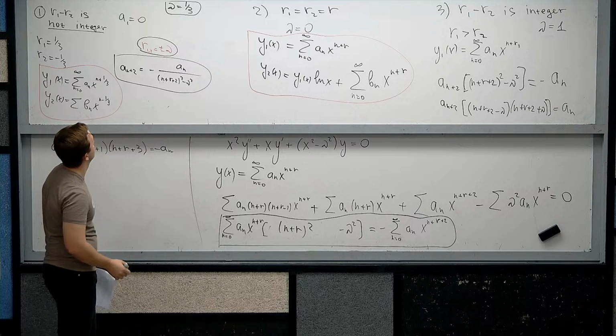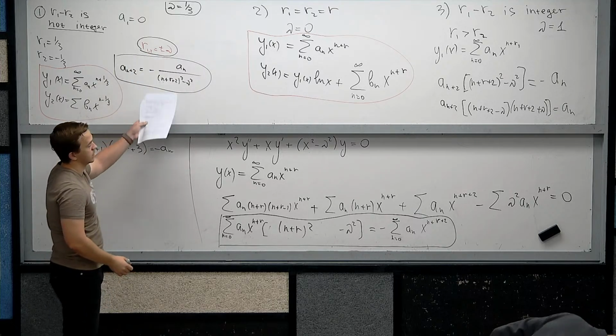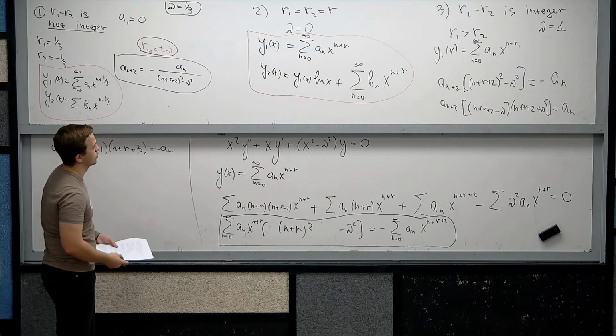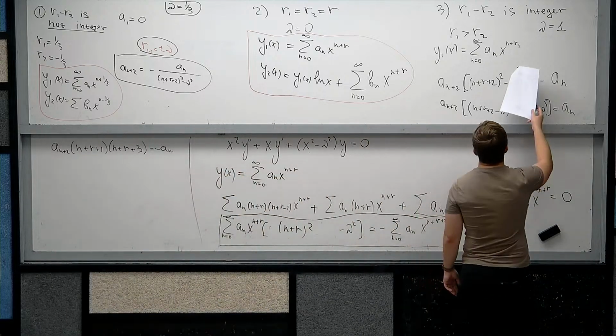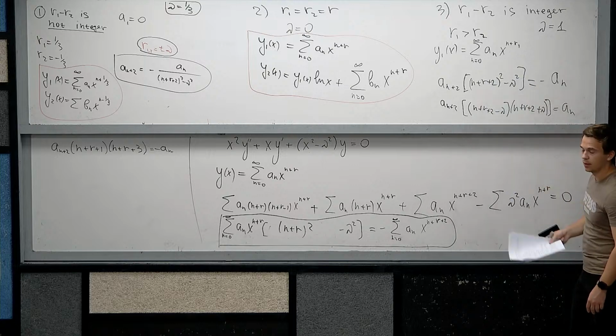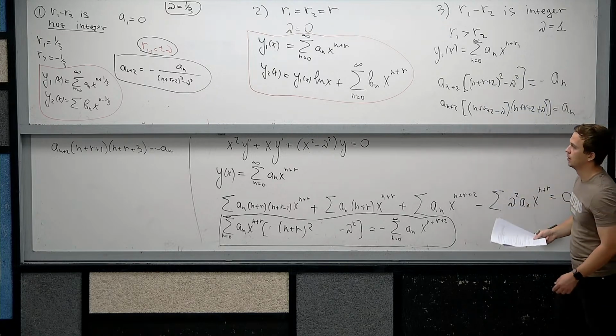And we know that r is plus minus 1, because we used already the biggest r for the first solution, right?